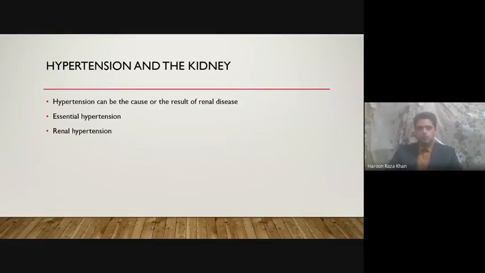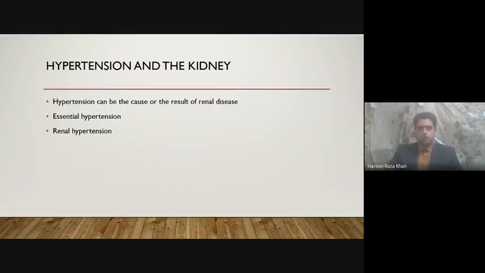The main topic of this lecture is hypertension and its effect on the kidneys, or more specifically, how hypertension influences the function of the renal system.